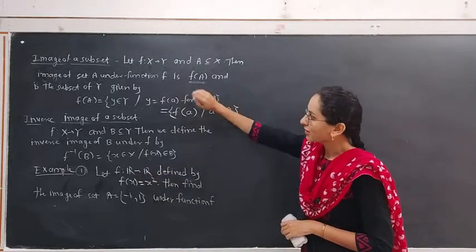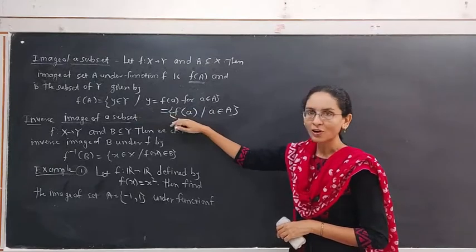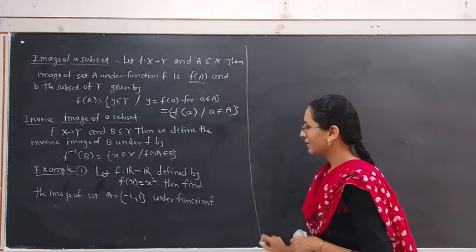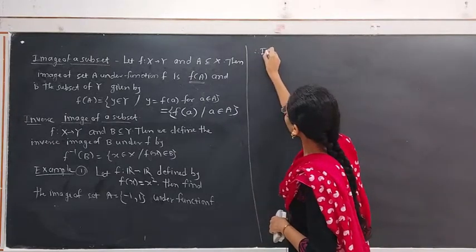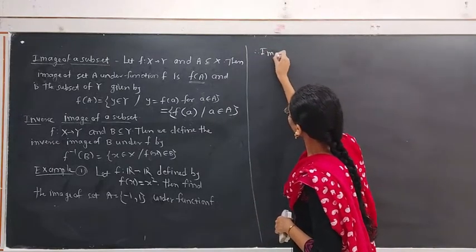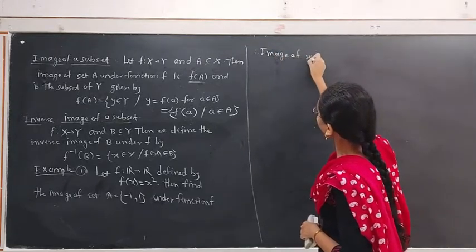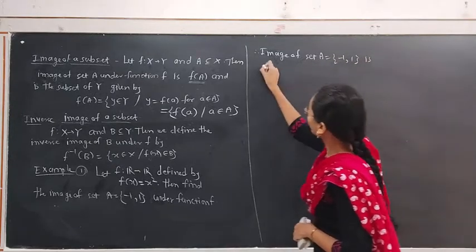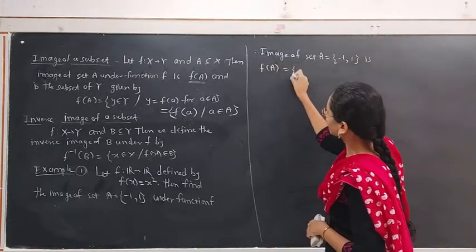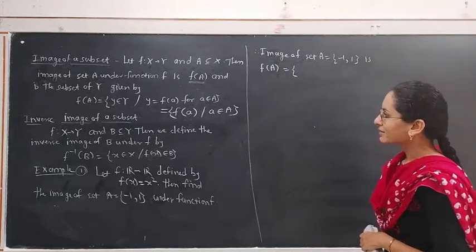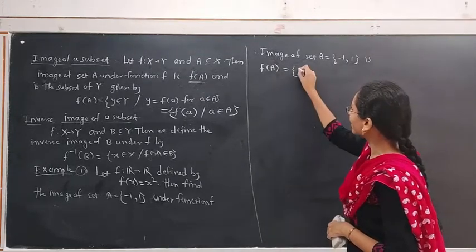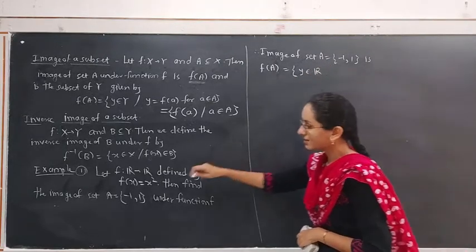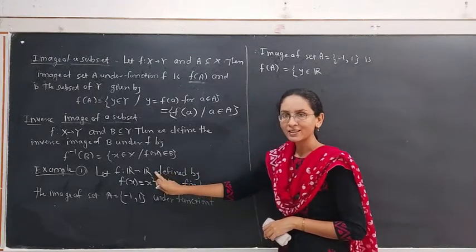In this definition, what is f of A? It is the collection of all the elements f of small a where a belongs to capital A. Therefore, the image of set A equal to {-1, 1} is given by the set f of A equal to the set that contains the elements y belonging to capital Y. Here capital Y is the codomain of the function f, that is again the set of real numbers.